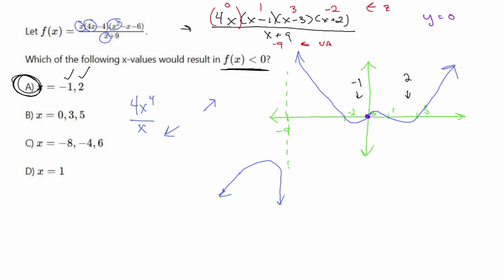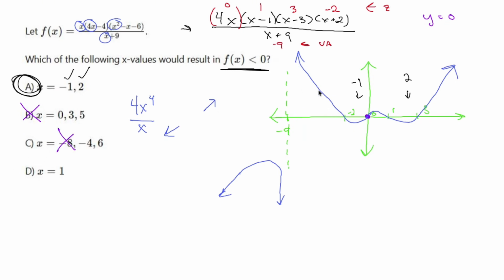Now, if I were to look at an option that doesn't work, like B, if I were to plug in 0, I get 0, which is not less than 0. If I were to plug in 3, that is 0, which is not less than 0. If I were to plug in 5, that's going to live above the x-axis. So none of these would work. If I plug in negative 8, that's over here, above the x-axis, so it doesn't work.